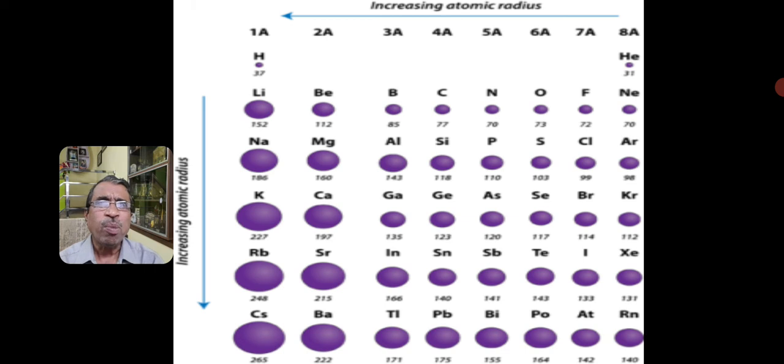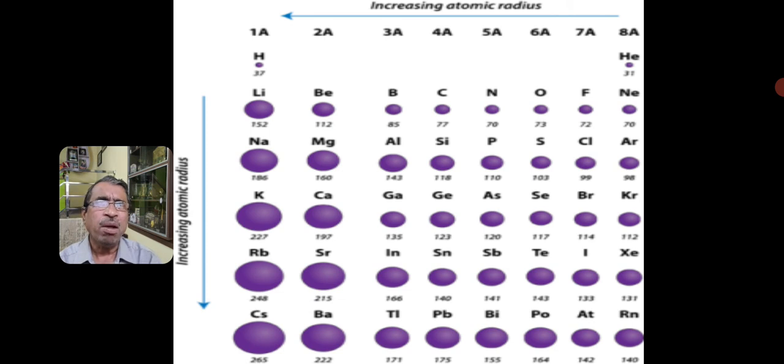And when we move down in a group from lithium to cesium, atomic radius increases. Lithium has 152 picometer, sodium 186, potassium 227, rubidium 246 and cesium 265 picometers.